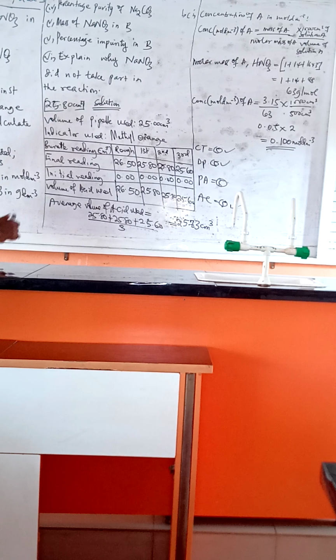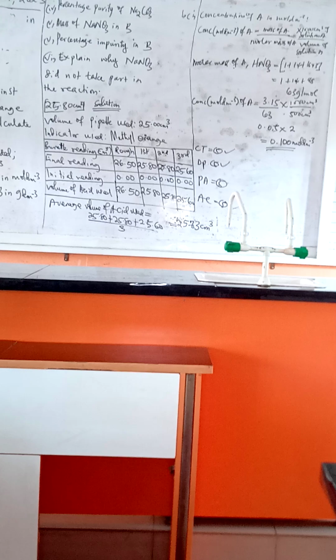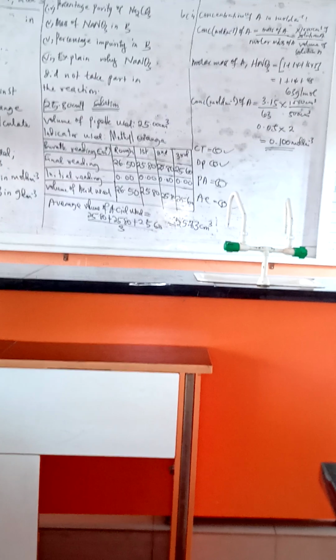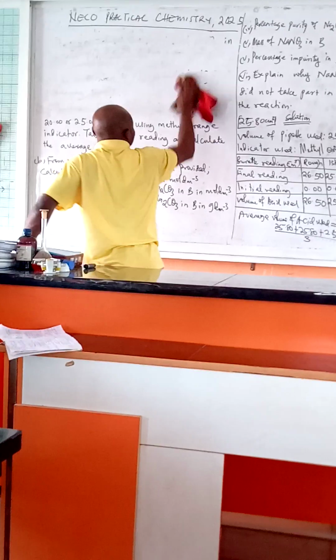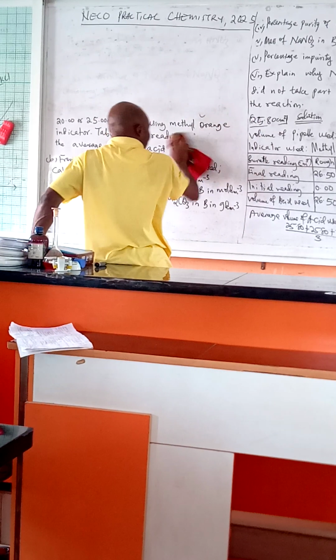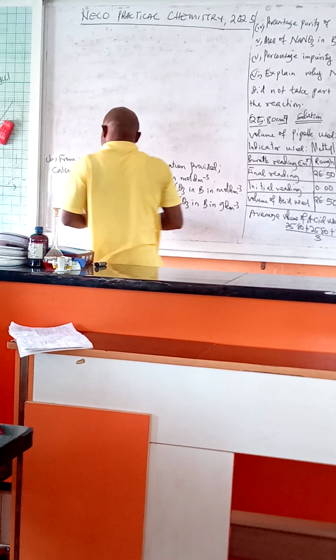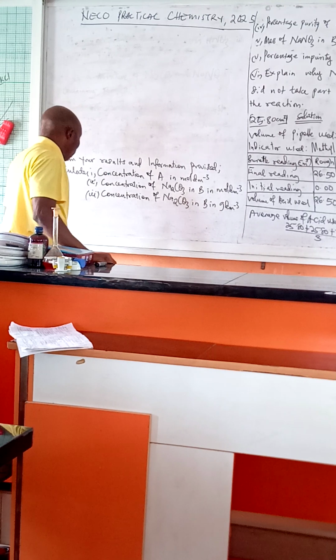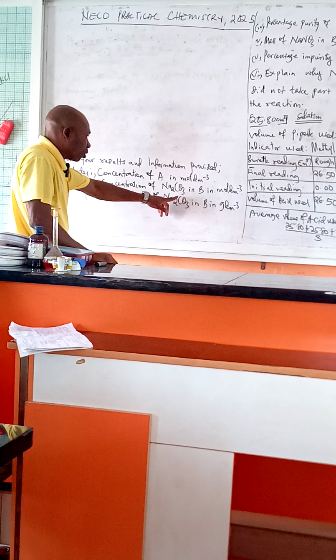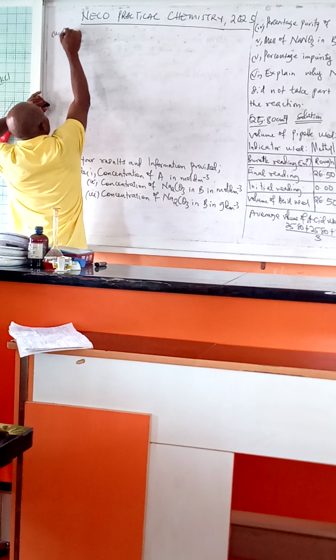Then BII. BII says calculate the concentration of Na2CO3 in B in mole per dm³.